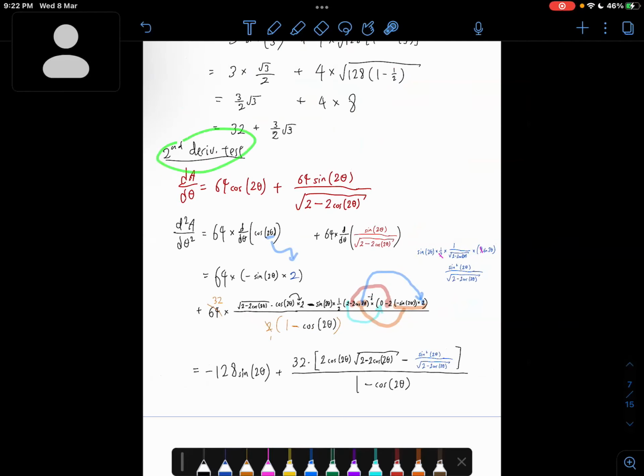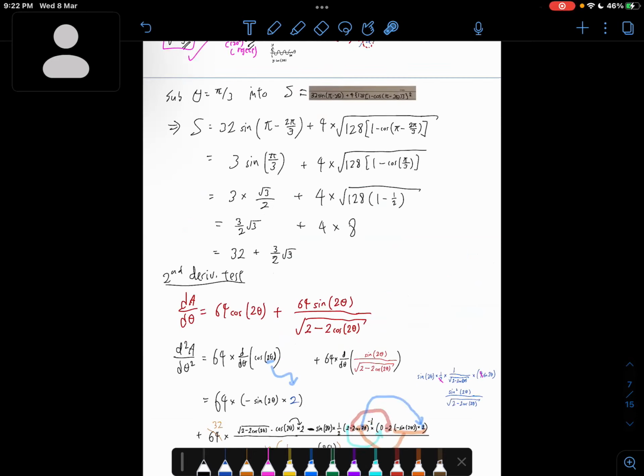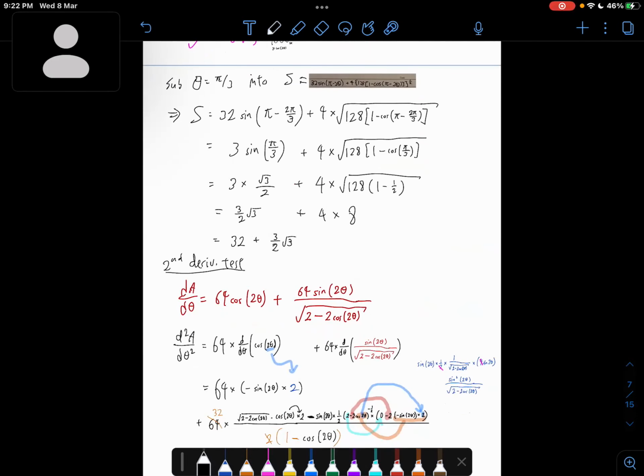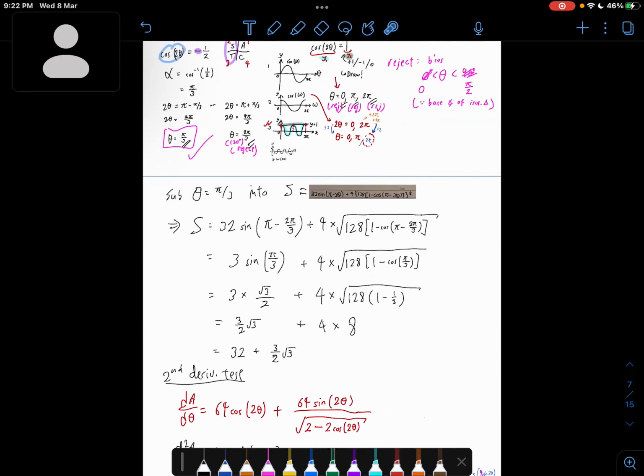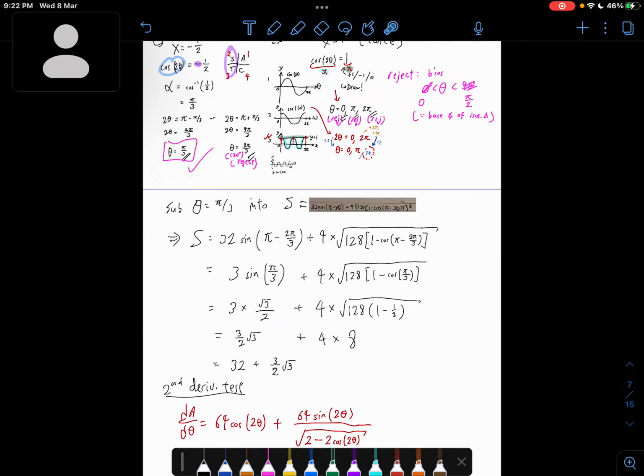Second derivative test. You need to do what after finding second derivative? Sub. More 0, less 0. But before that, you need to substitute. Substitute the theta equals to pi over 3. Yeah, this root here, pi over 3. Okay, so that's what we're gonna do.